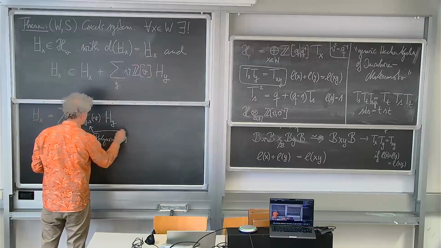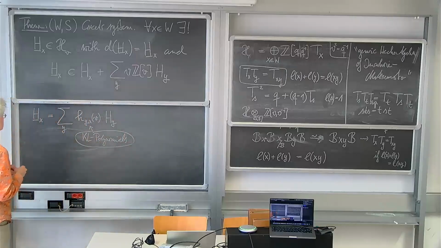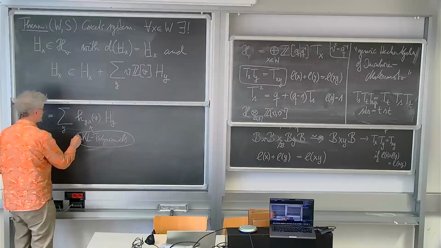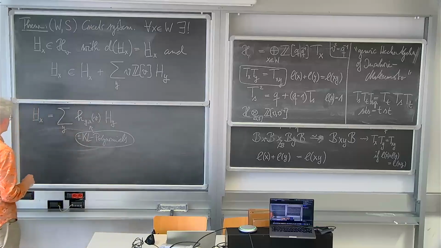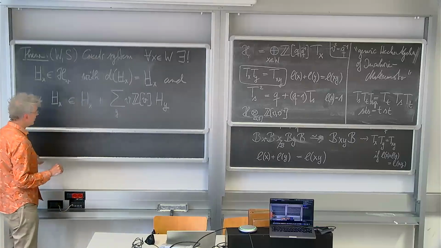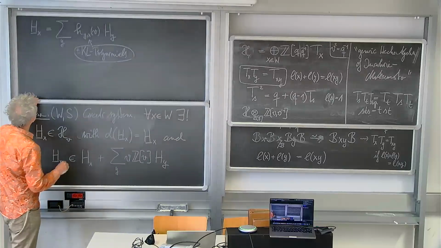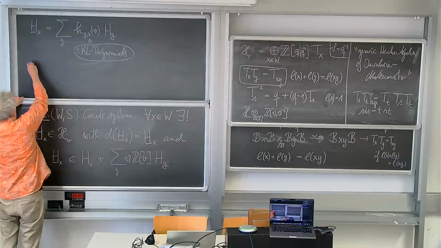I mean, Kazhdan-Lusztig has a slightly different normalization, so it's not exactly, but okay. And the significance of these polynomials is that now comes this question with different vectors.